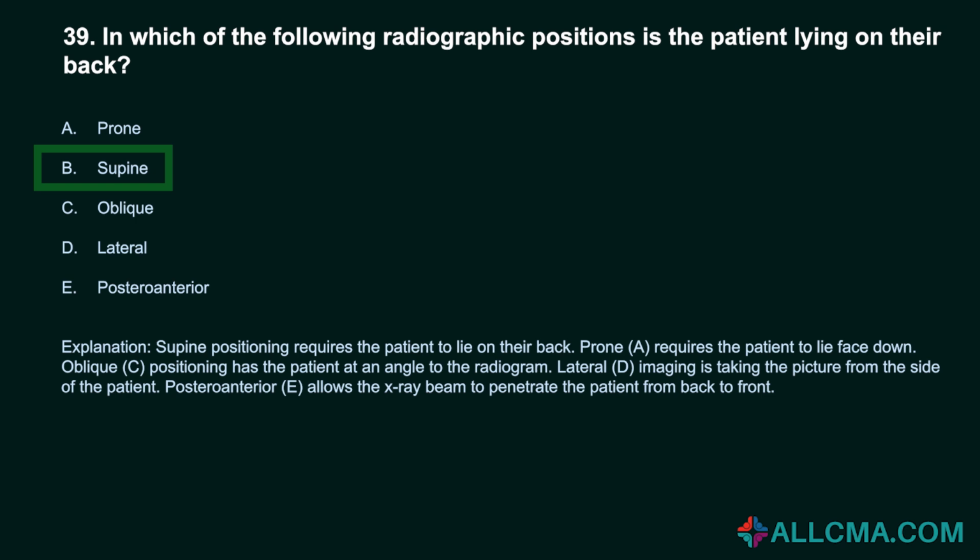Prone requires the patient to lie face down. Oblique, C, positioning has the patient at an angle to the radiogram. Lateral, D, imaging is taking the picture from the side of the patient. Posterior, E, allows the X-ray beam to penetrate the patient from back to front.